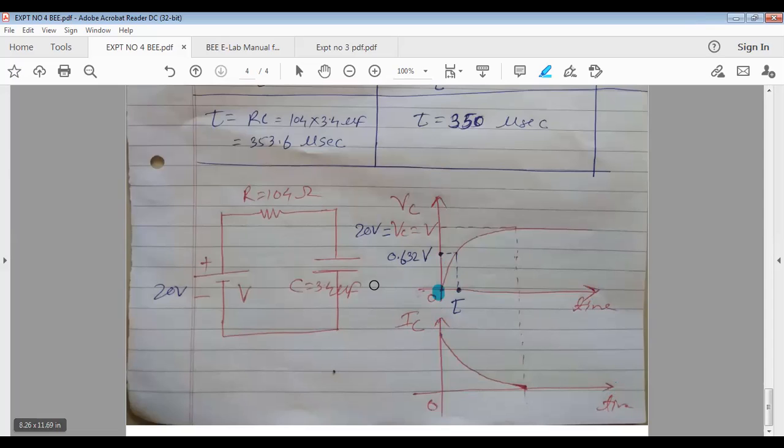At start, at t equals 0, the moment you switch on, the voltage across the capacitor is 0. Then electrons will move toward the capacitor. It is two metallic plates separated by a dielectric medium. The upper plate is metal, the lower plate is also metal, and in between them is a dielectric medium, consider mica or paper.